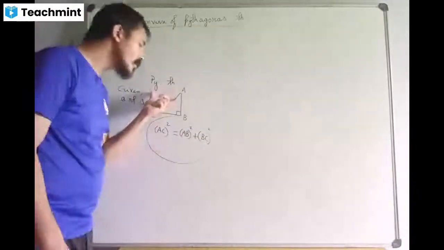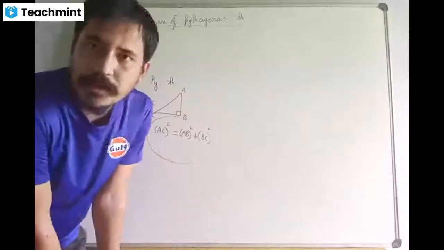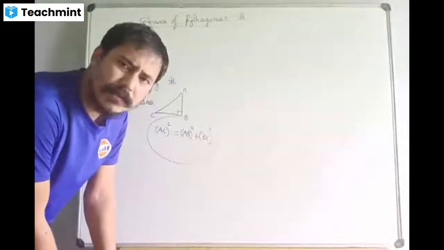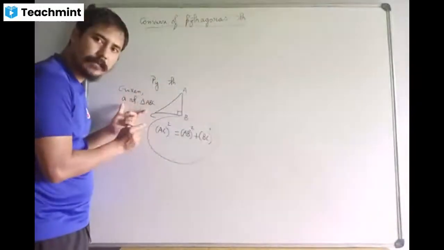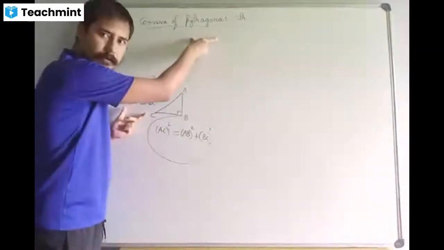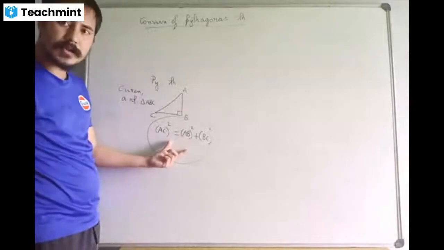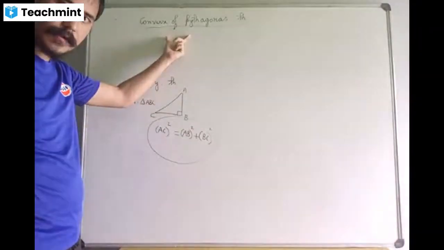So a right triangle was given, and we proved this one. In the converse of Pythagoras theorem, we will reverse the things. Whatever was given in Pythagoras theorem, that we have to prove here. And whatever was required to prove in Pythagoras theorem, that will be given here. Are you following that?